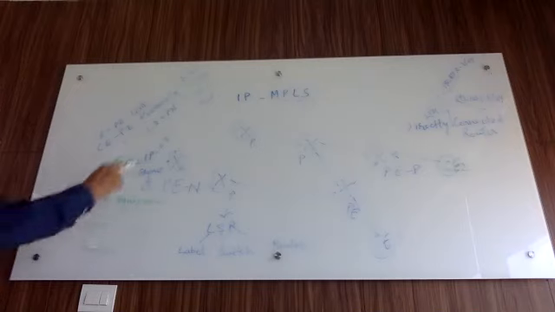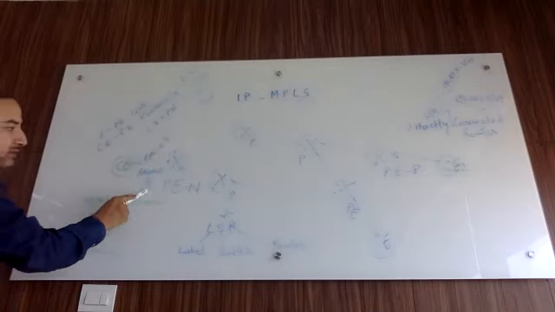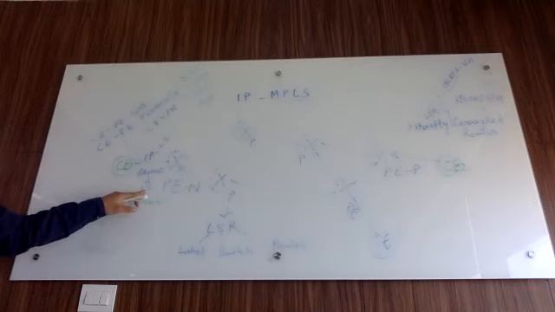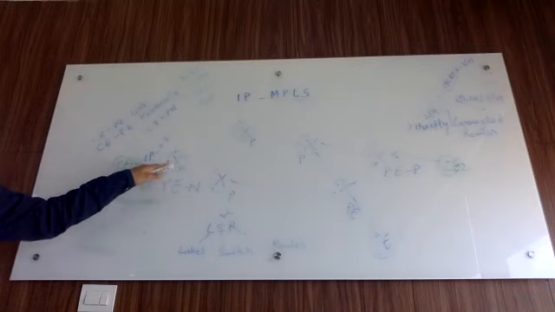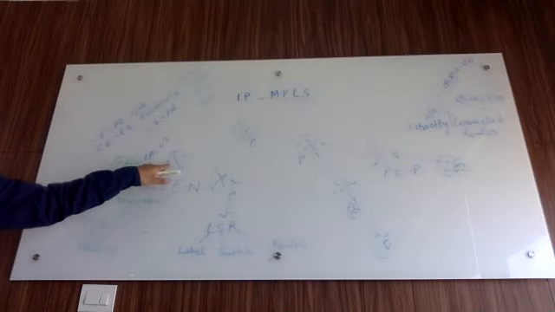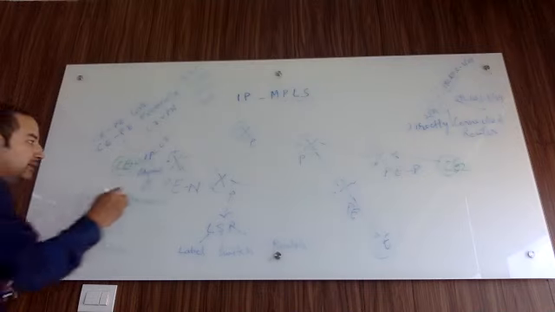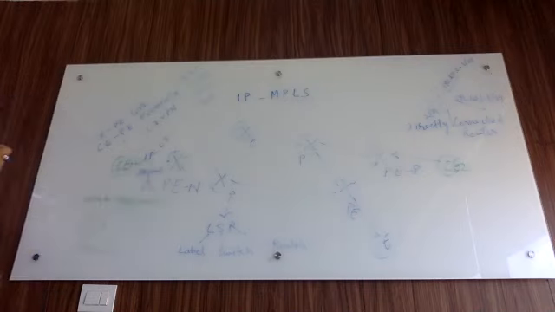So layer 3 link, layer 3 VPN; layer 2 link, layer 2 VPN. If it is a layer 2 link, there will not be any IP here on the PE. If there is an IP on this interface, then it's a layer 3 link. So this is either Ethernet or IP.